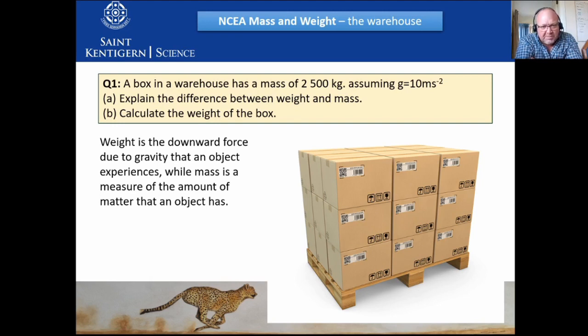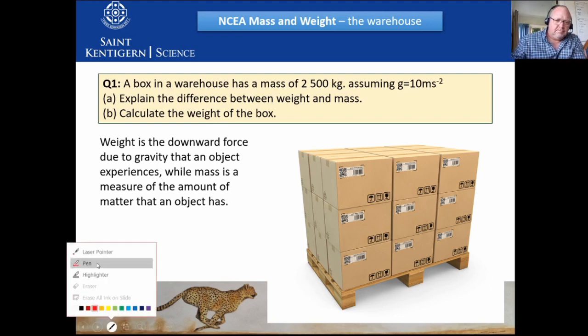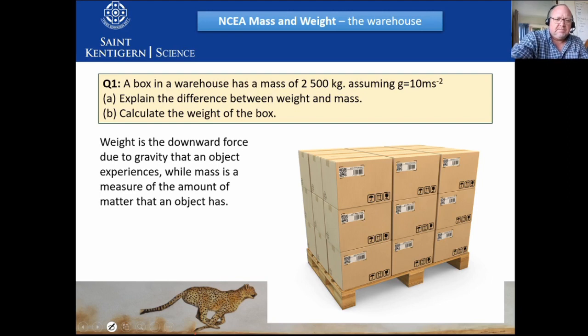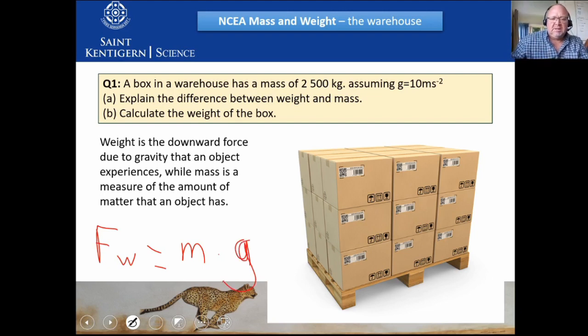Now, question B. Calculate the weight force of the box. So, let's try this. Weight force equals m times a, but in this case it's g. So we have mass and we have g.